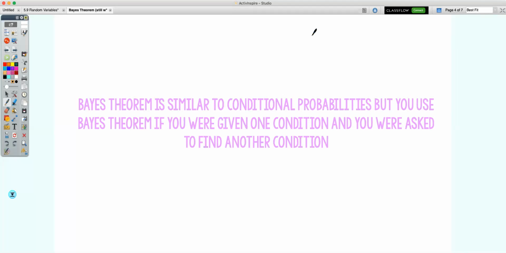But I want to go over an example where we're actually going to use Bayes' theorem to solve it, so you can see it in action.